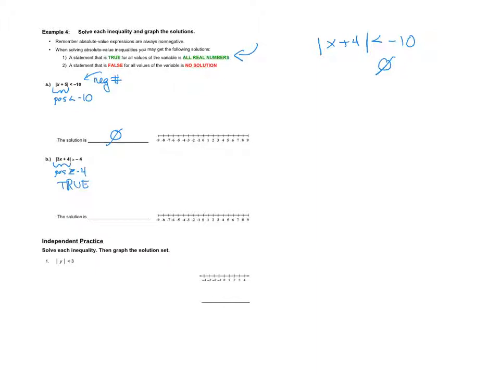The answer is going to be all real numbers. So you can't graph no solution, but for all real numbers, if you want, you could put a continuing line going on forever if you were asked to graph that.